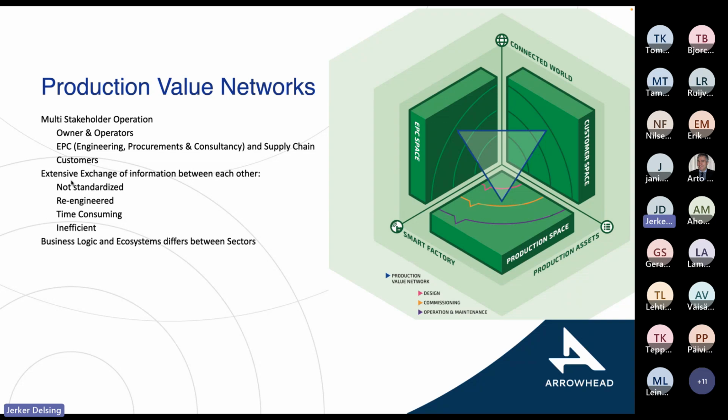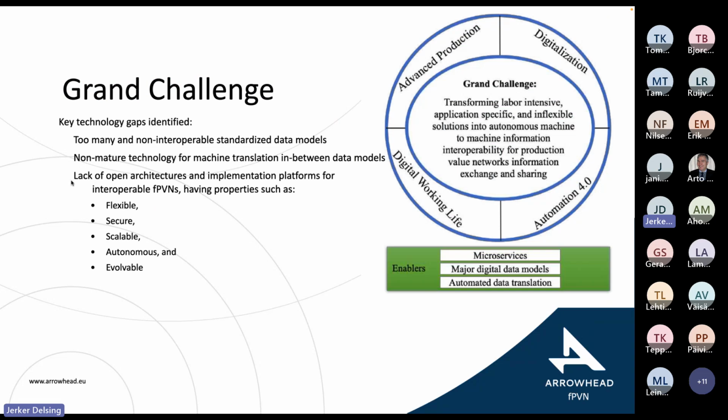So what is the grand challenge that we have taken on in this project? As I indicated, there are too many non-interoperable data models. And as a matter of fact, many of these data models are standardized. But they're standardized in their domain, in their silo, without thinking about how to work with others.